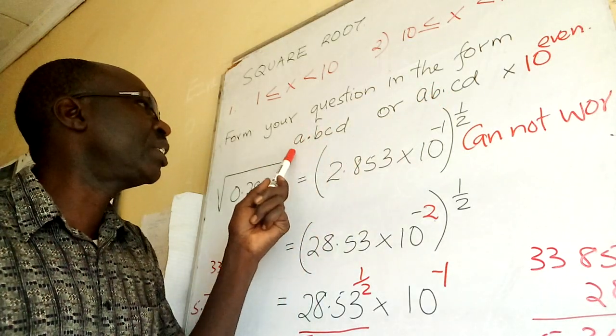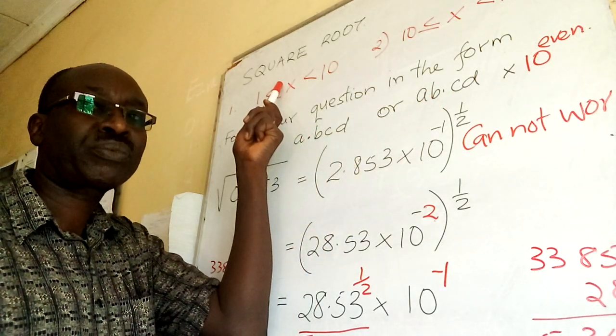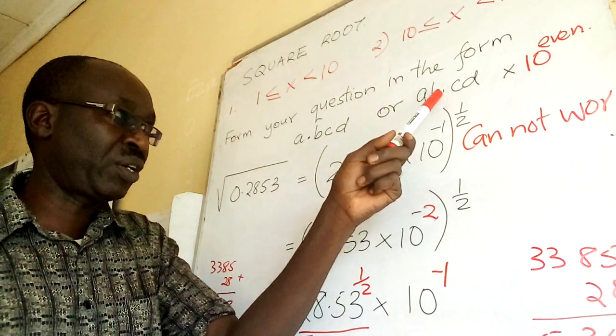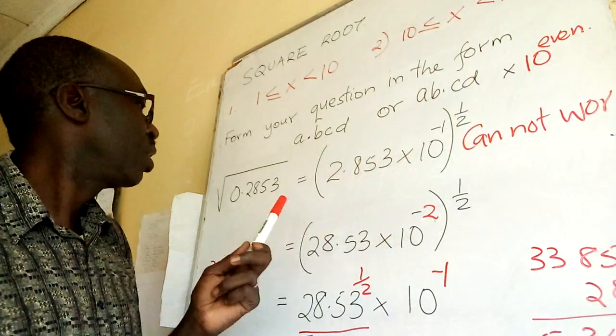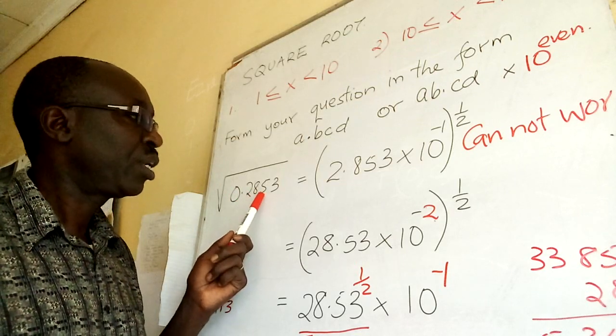So this simply means it is handled by this table. This page handles this, that page handles that. Key thing: even power.